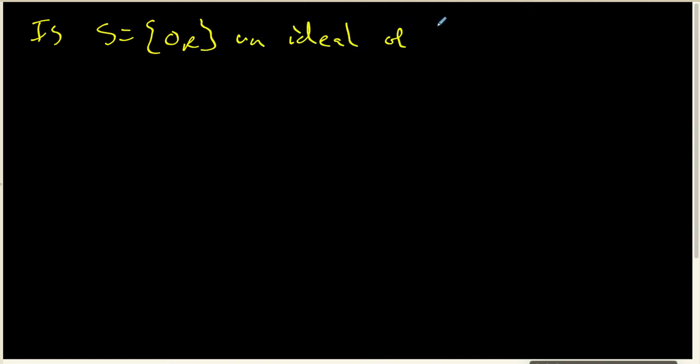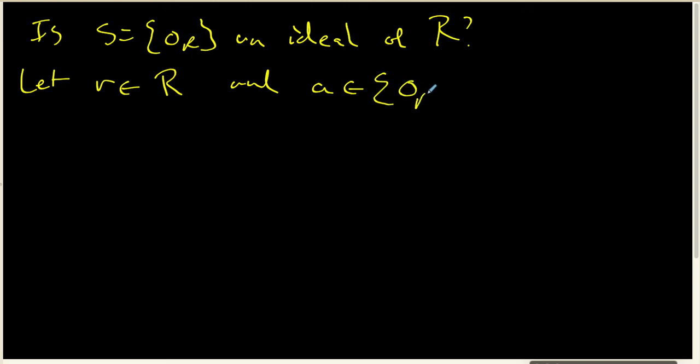Now we still have to show that it is an ideal. So, is this set an ideal of R? Well, to show that it's an ideal, we have to let R be any arbitrary element in our full ring capital R, and we need to let, let's call it A, be any element inside the subring that consists of the 0 element and nothing else.